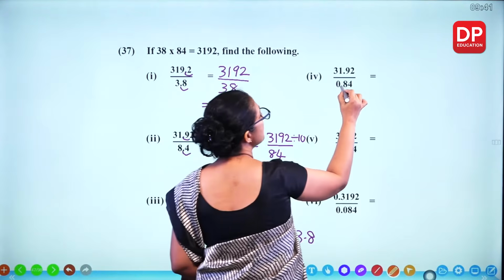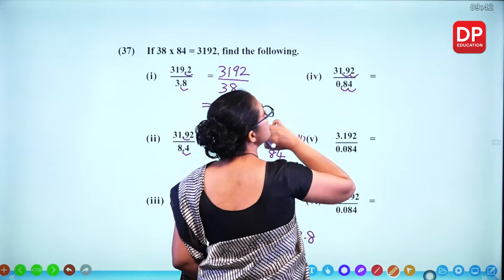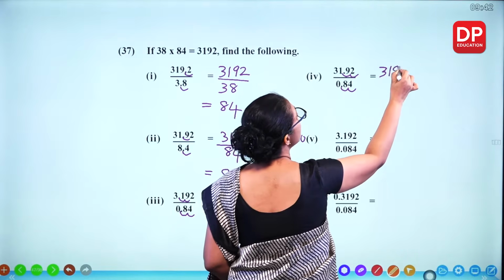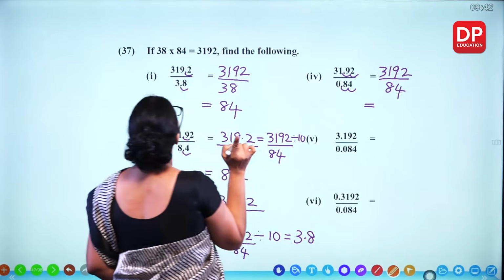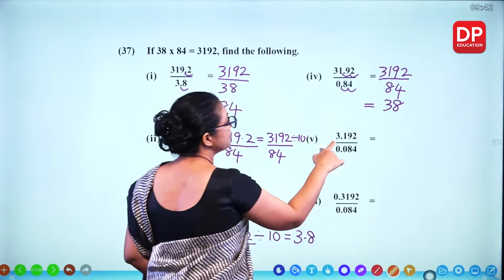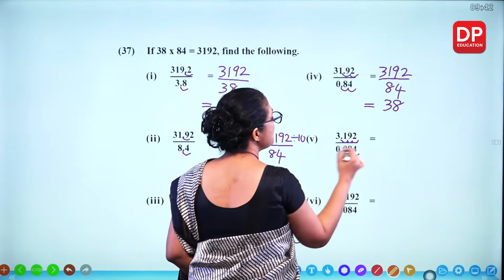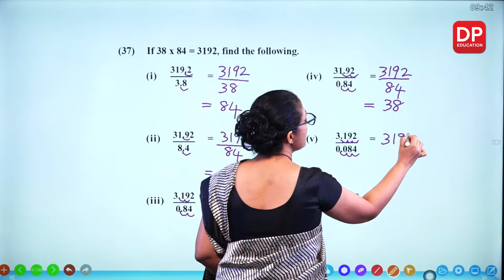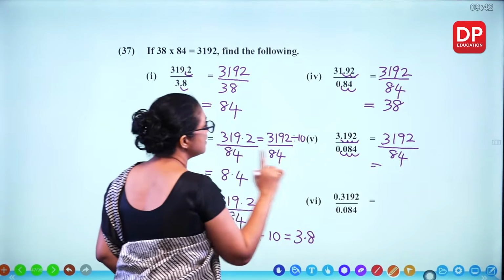This one, convert this one, multiply by 100. 3192 divided by 84 straight away. What's the answer? 38. This one, move 3 places to the right. Here also do the same thing. 3192 divided by 84. You get 38.